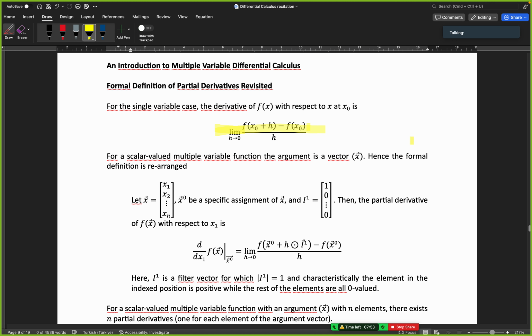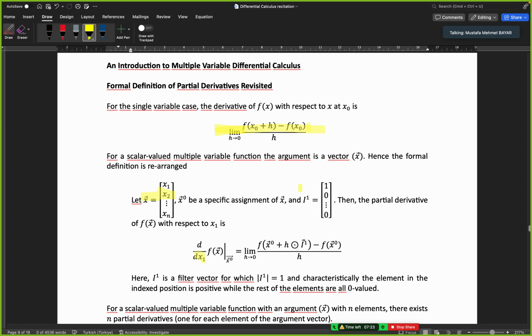Now, I'll just try to observe the effect of change in just one component within the argument vector. So that's the trick. And let's assume that, for this case, I'm trying to observe the effect of change in x1, the first component.